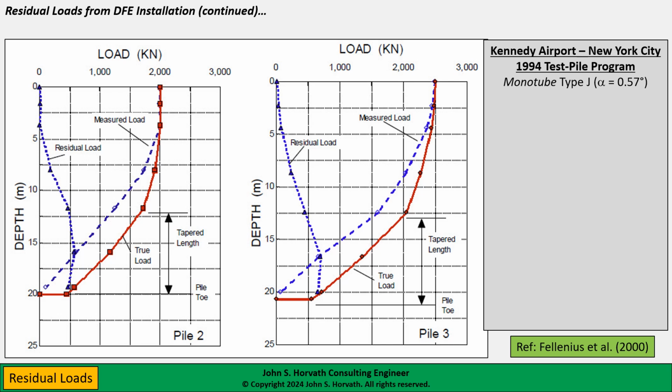If you're not familiar with monotube piles, these are basically steel pipe piles. They are made from cold form sections. They have a closed toe, and typically the upper part of the pile is a constant diameter and the lower part of the pile is a tapered section. And in this case, for these 2 piles, called pile 2, pile 3, the length of the tapered section was 25 feet, so a little bit less than 8 meters.